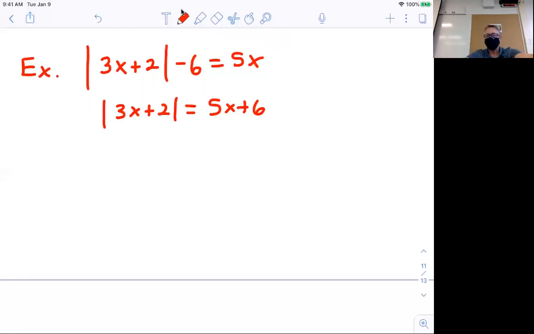Now this one gets a little more tricky. Once the absolute value is by itself, remember, this stuff on here can equal whatever's on the right side, and it could equal the opposite of whatever's on the right side.